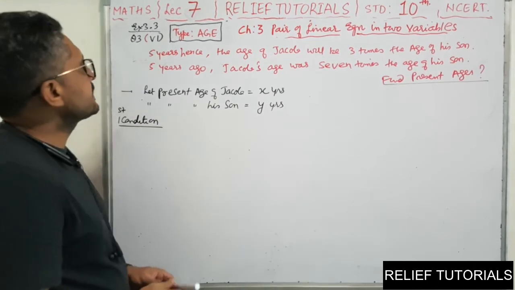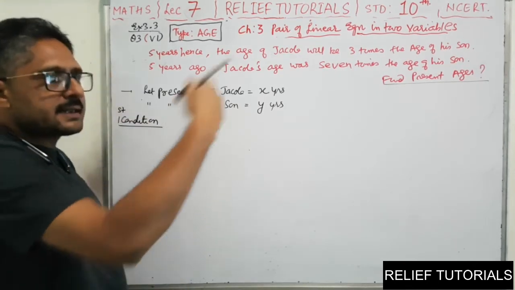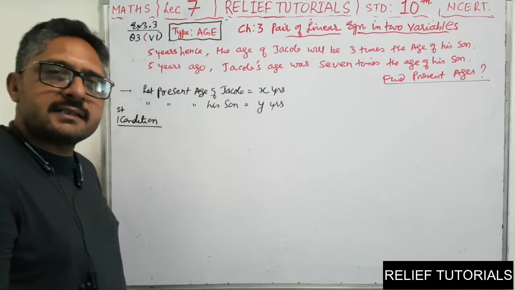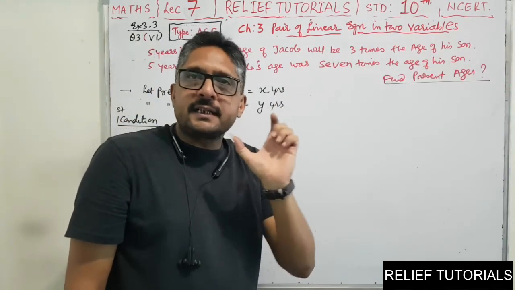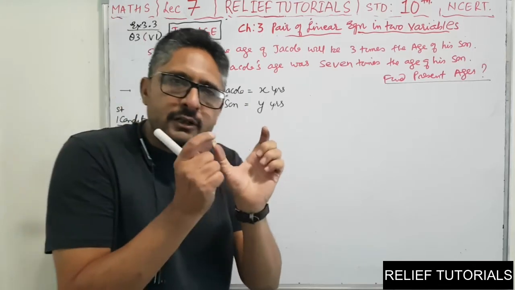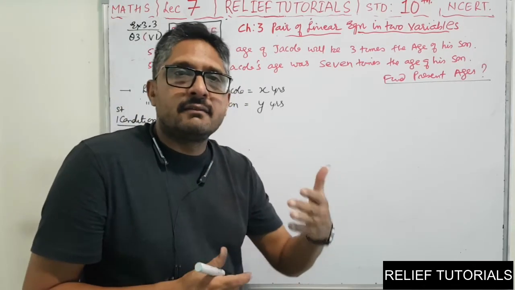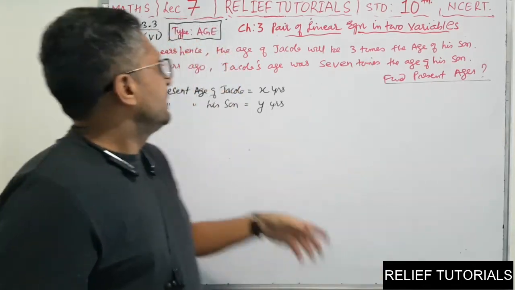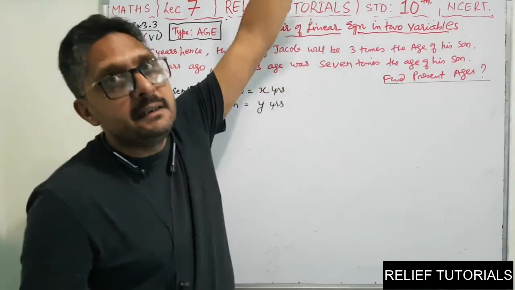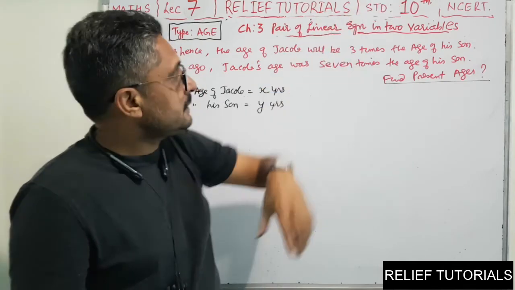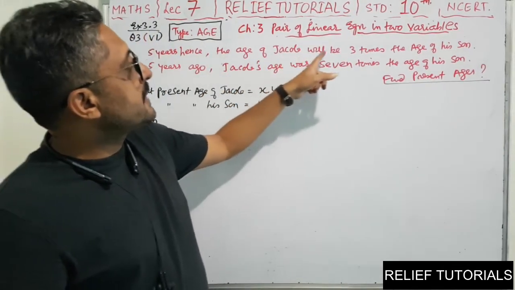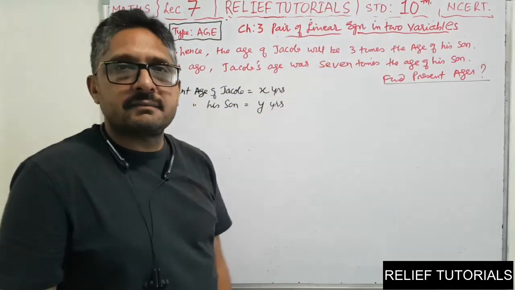See friends, what does it say? 5 years hence. Hence means 5 years later. He is talking about future tense, so 5 years later, the age of Jacob will be 3 times the age of his son.